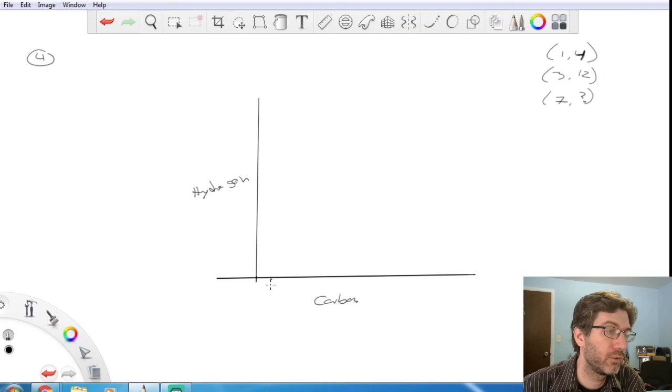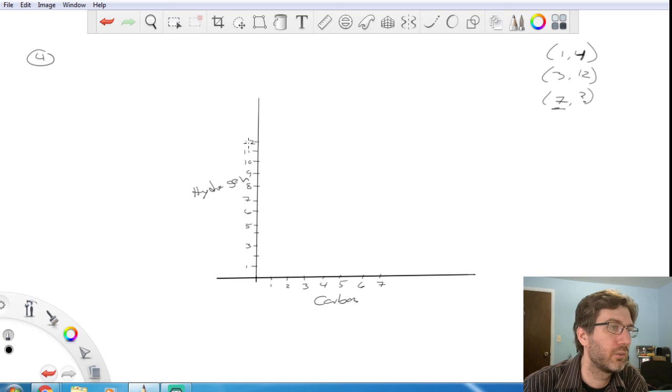So let's say here is 1, here is 2, here is 3, here is 4, here is 5, here is 6, here is 7. That's all I need because I have to go out to 7. Up here, 1, 2, 3, 4, 5, 6, 7, 8, 9, 10, 11, 12.